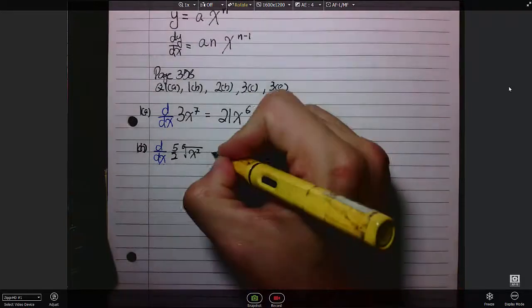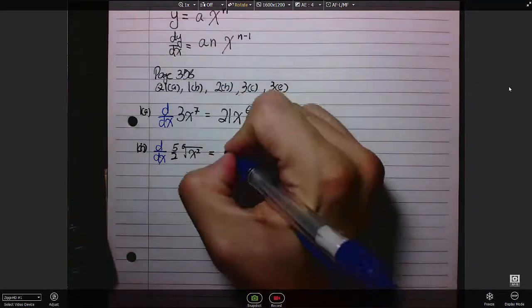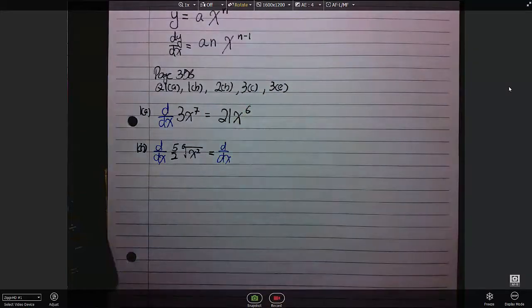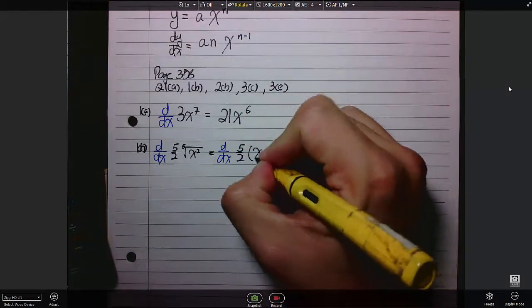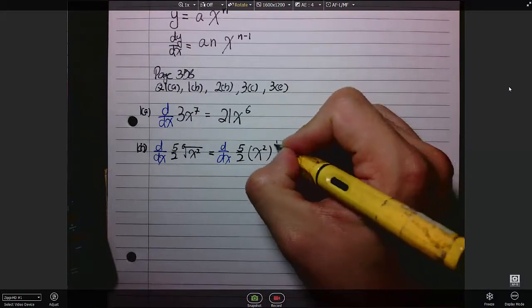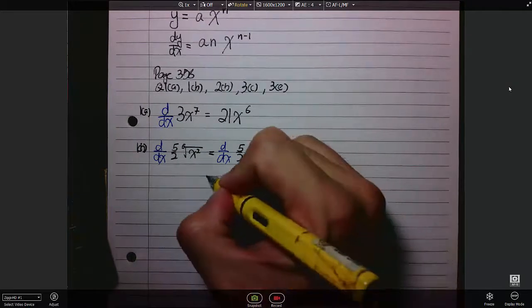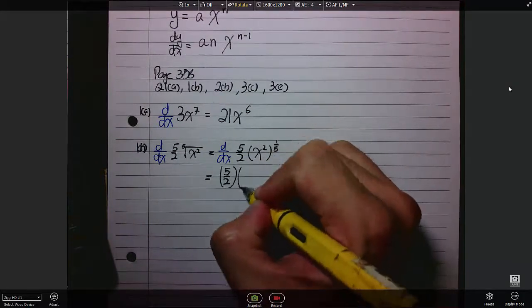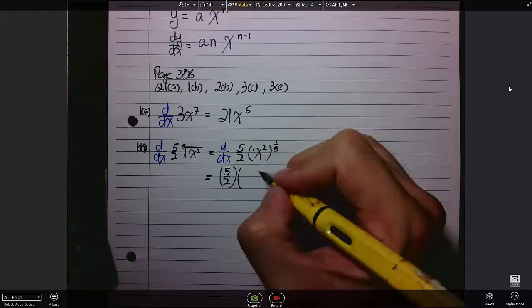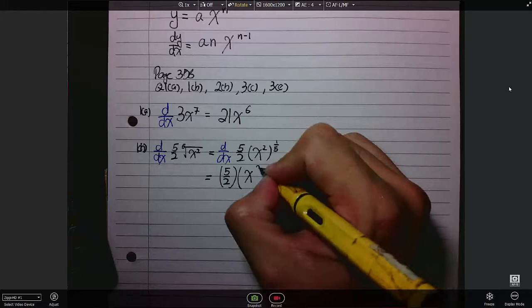For the fifth root, I can rewrite it as x squared to the power of 1/5. That's the fifth root, laws of indices. Now, I will start differentiating. I take 5 over 2, and the power here is 2/5. Sorry, x squared, I simplify.